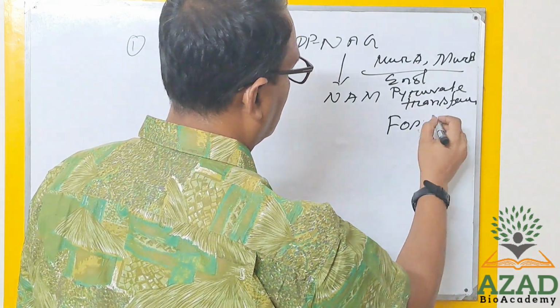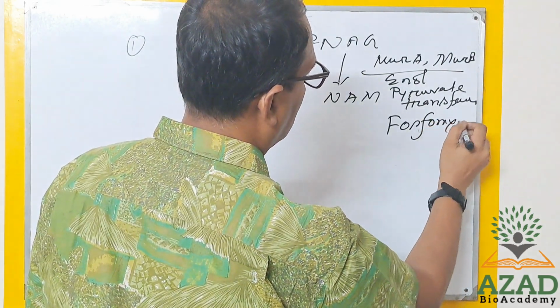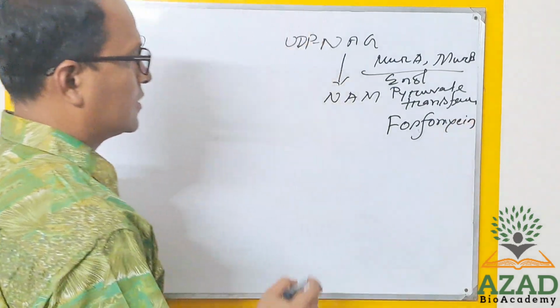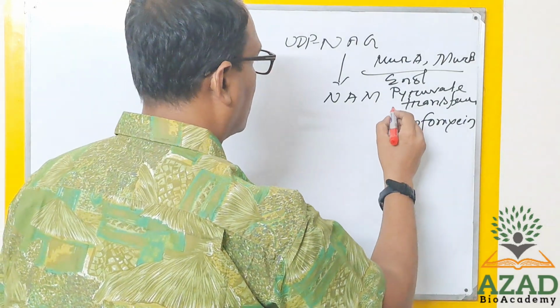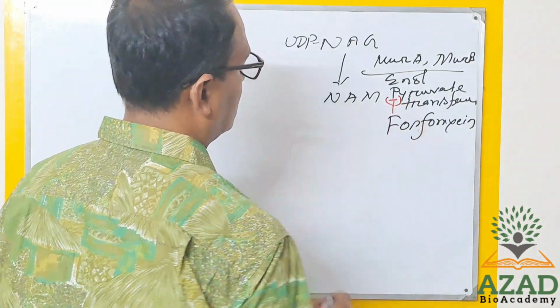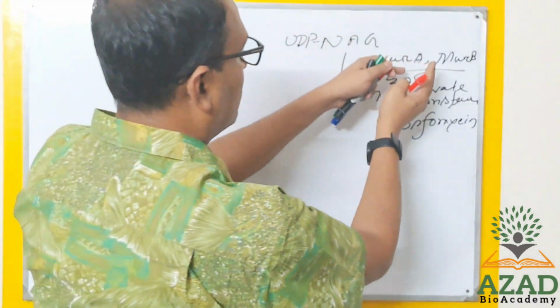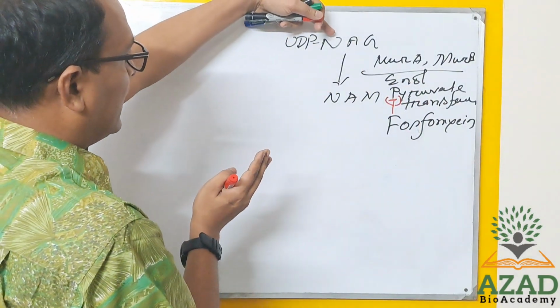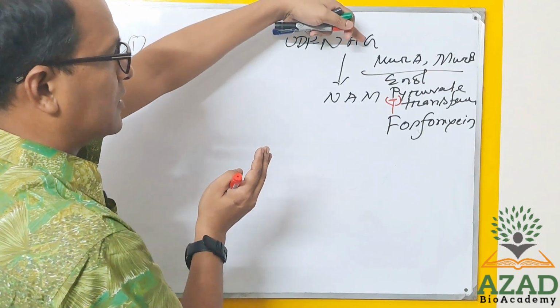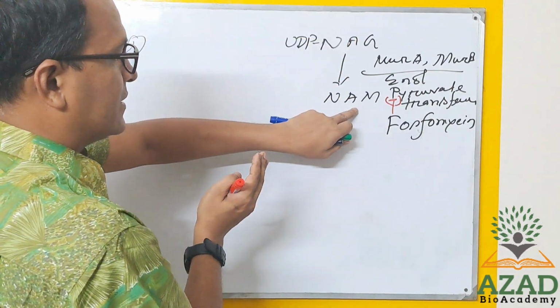So that enzyme will be inhibited by fosfomycin. When that enzyme is inhibited, no NAG, that is N-acetylglucosamine, will be converted to N-acetylmuramic acid.